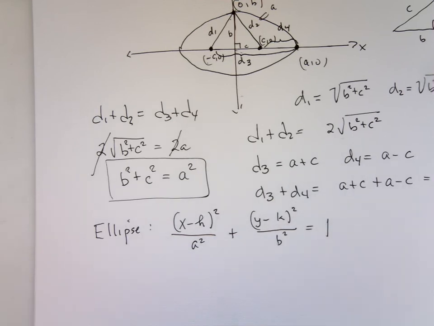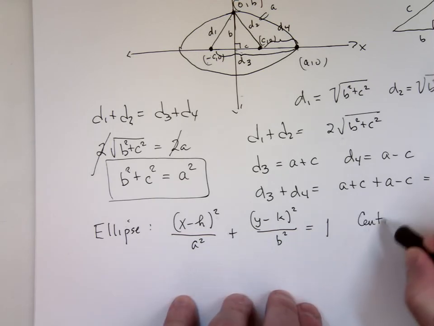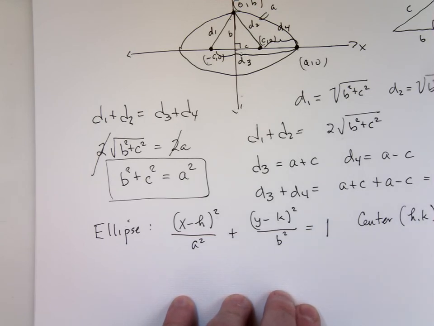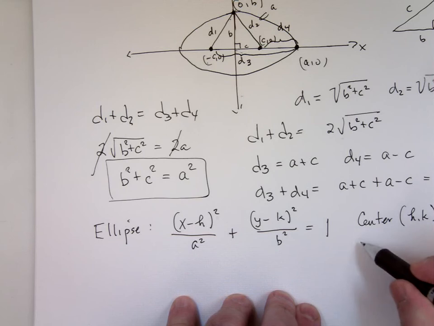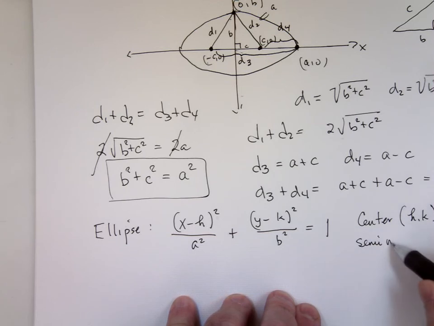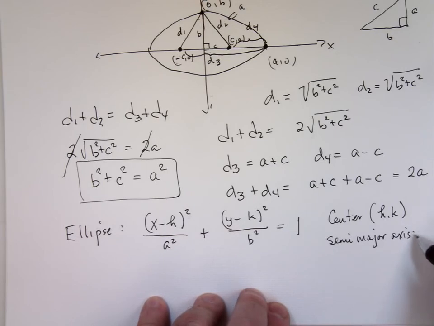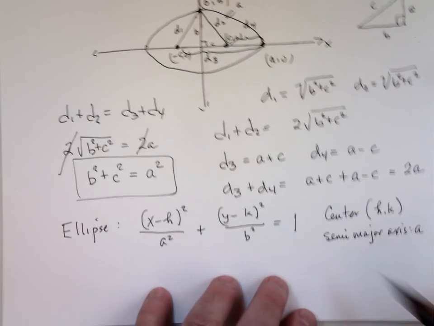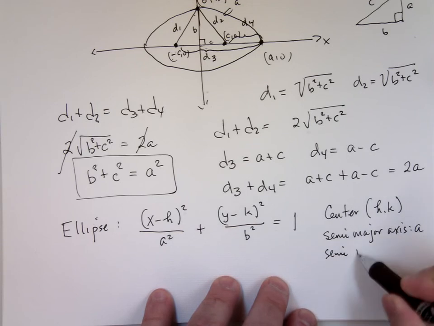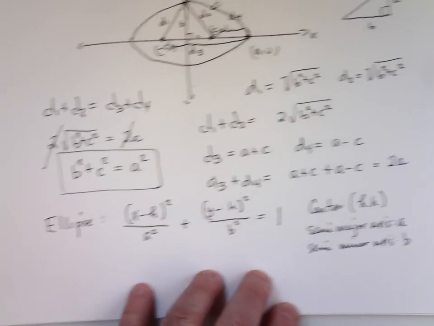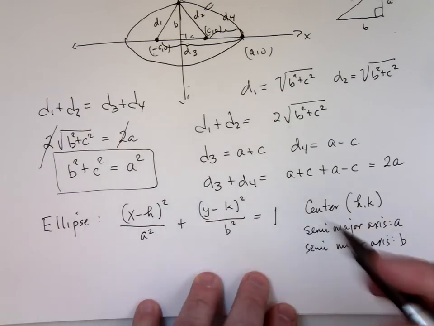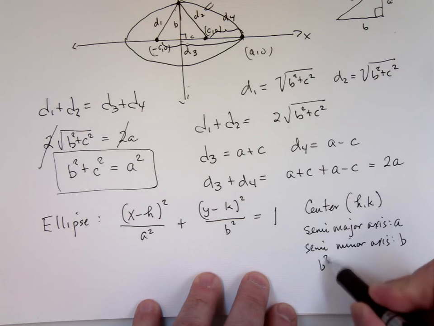The center of this ellipse is (h, k). The semi-major axis has length A. The semi-minor axis is B. And B squared plus C squared equals A squared.